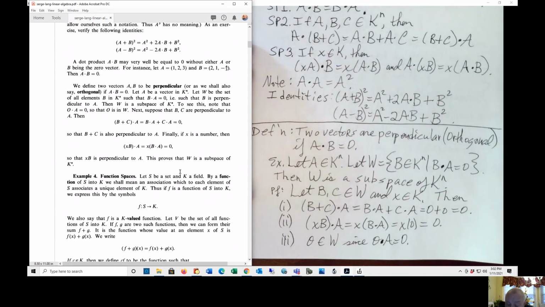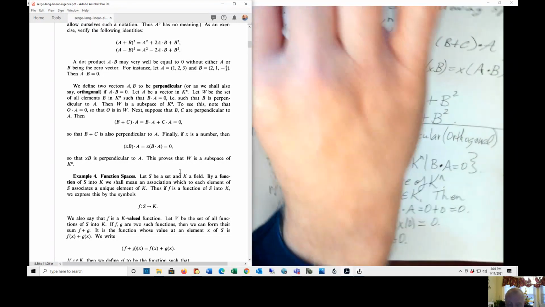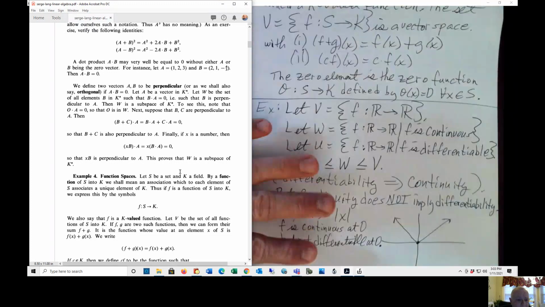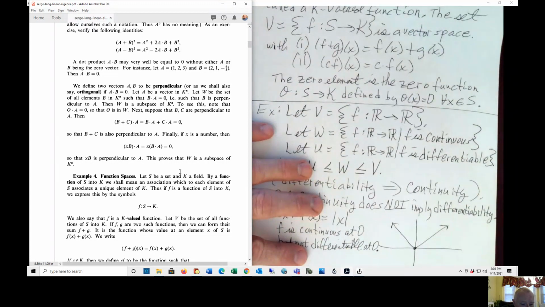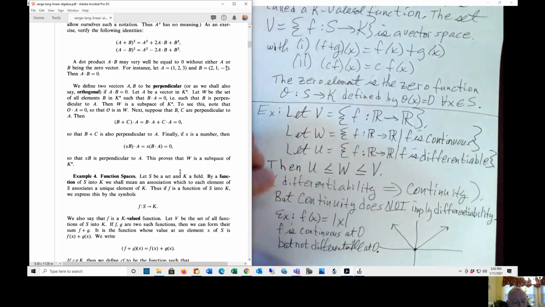So that means that scalar multiples of B are in the set W. And then third, it's clear that the 0 vector is in W since the dot product of the 0 vector with any vector is always equal to the scalar number 0. So that concludes that short proof. And there are other examples of that, one of which is a homework problem in the first homework set.